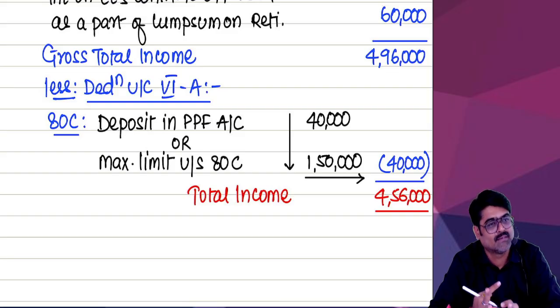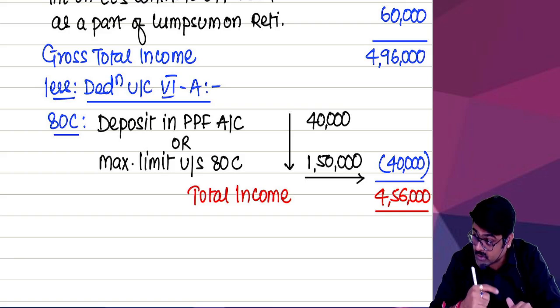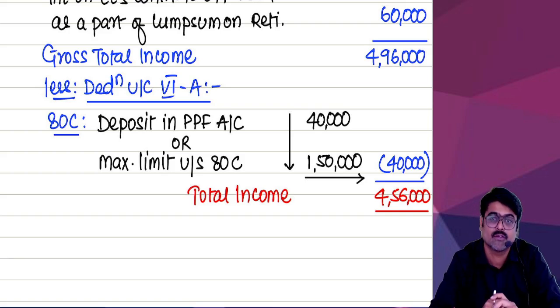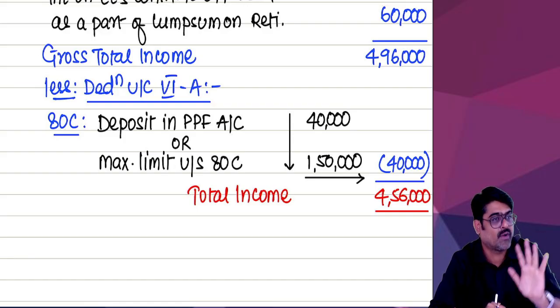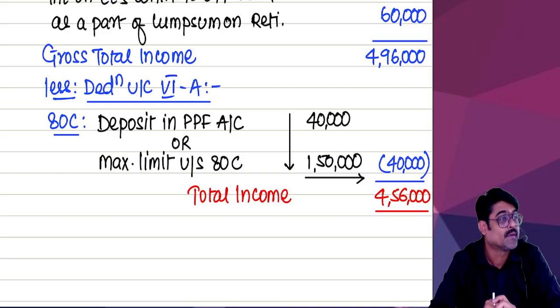Nil. First 2,50,000, no tax. 2,50,000 to 5 lakhs? No, 2,50,000 to 4,56,000, meaning on 2,06,000, 5%. That is 10,000, and that will go in the rebate because you are a resident individual.